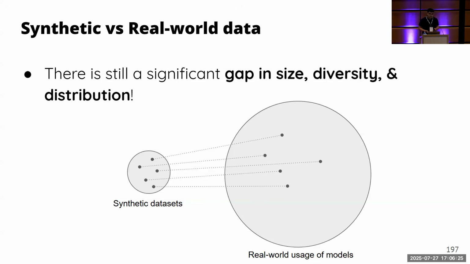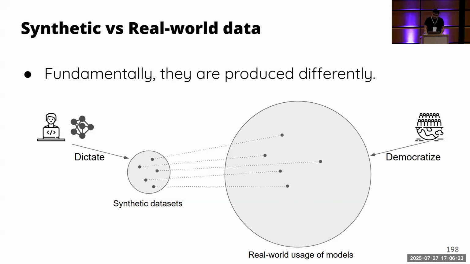In most cases, this is also out-of-distribution generalization, which may not be very robust and satisfying. If we think further, the ways that these 2 types of data are produced are fundamentally different. The design of synthetic data sets is usually dictated by the developers using language models, while real-world data sets are generated by the global population.